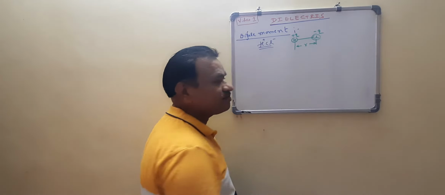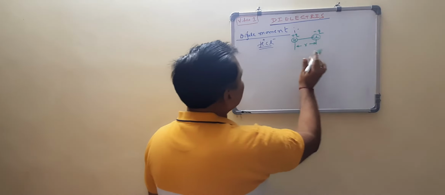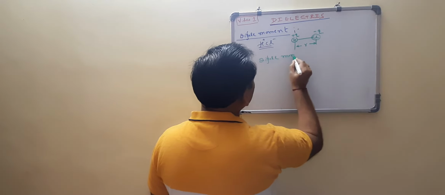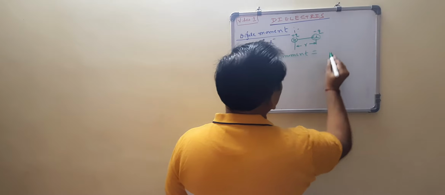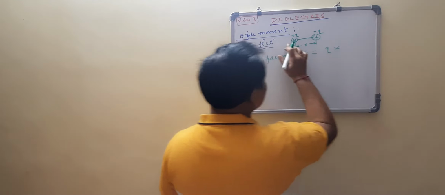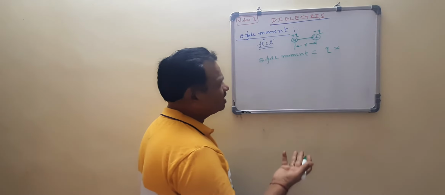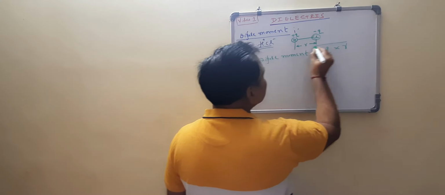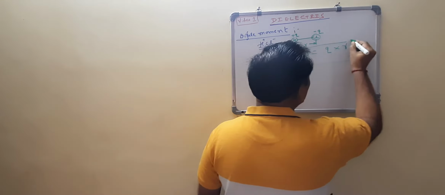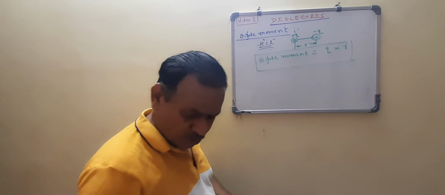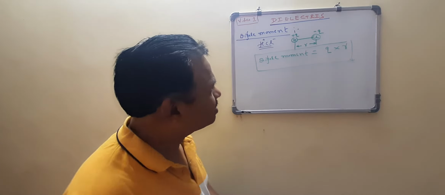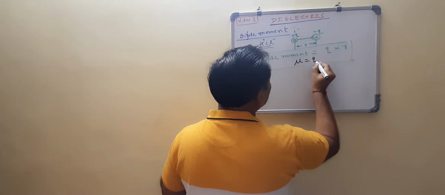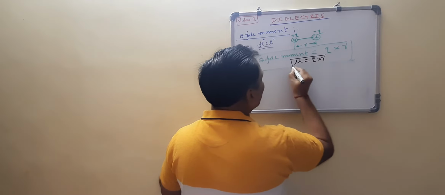This is called the dipole moment: one of the charges, either this charge or this charge, because the magnitude is the same, times the distance between the charges. Some books write mu. Mu equal to Q into r.